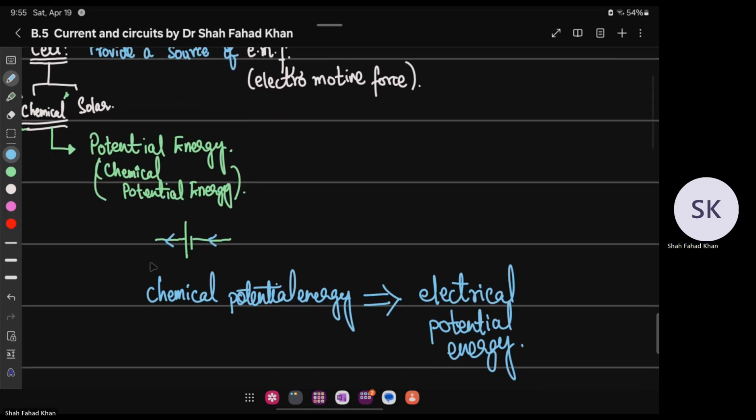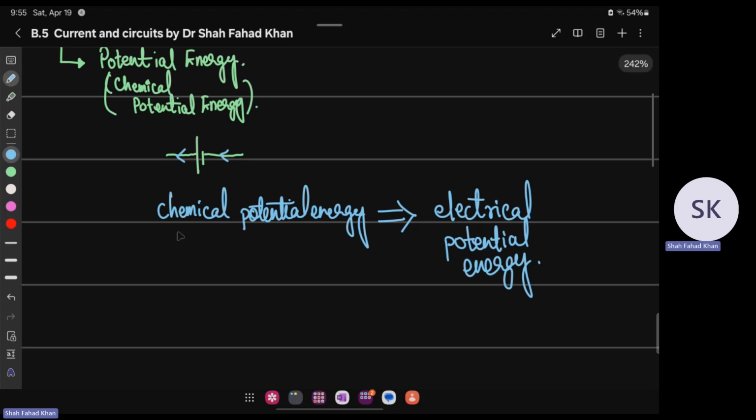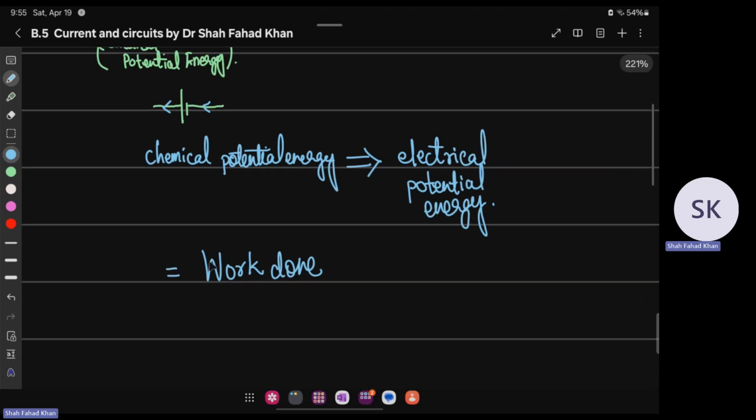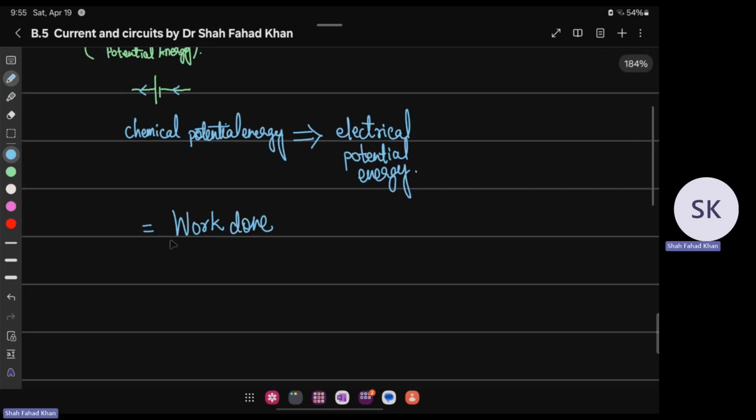Hence we say that this is the work done by the battery, the conversion of chemical to electrical energy. This work done by the cell per unit charge, as the charge moves through the terminals of the battery, is called EMF.